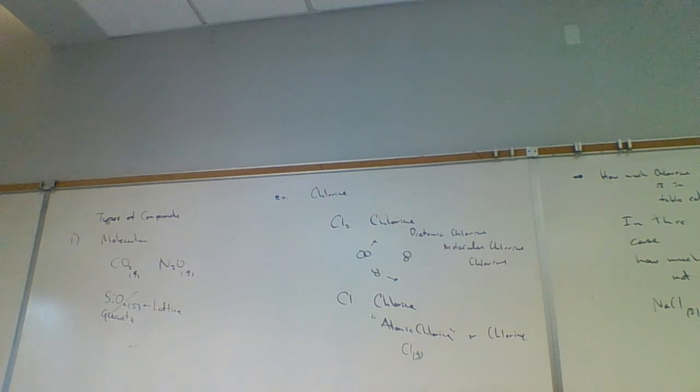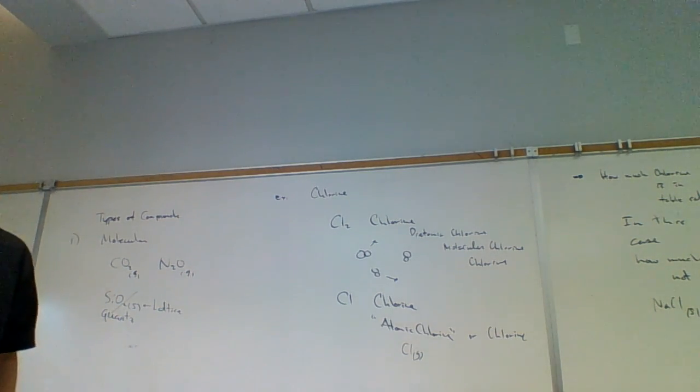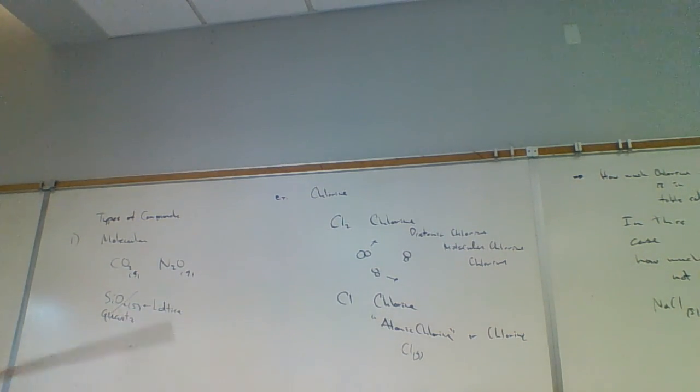Okay, so what we have here is this: compounds that are made from two nonmetals. We know the periodic table is divided into metals and nonmetals. So two nonmetals would be, in the yellow region here, carbon is a nonmetal, oxygen is a nonmetal, nitrogen is a nonmetal, oxygen is a nonmetal: molecular. How about silicon?